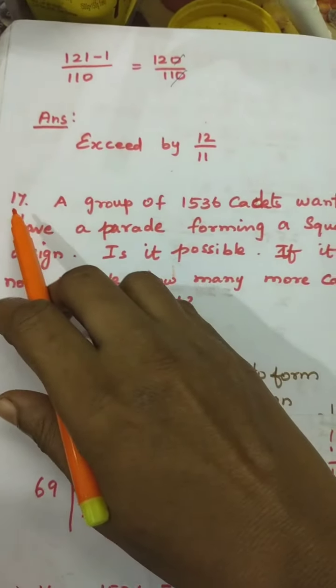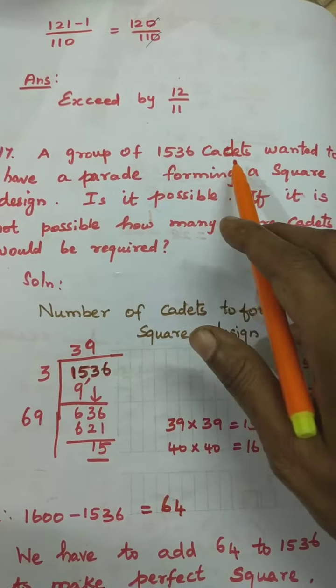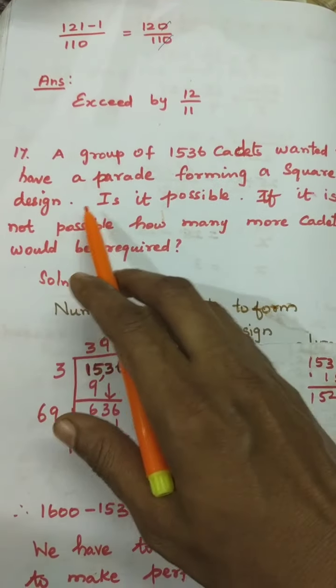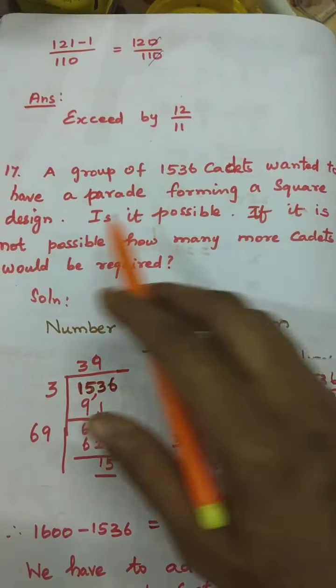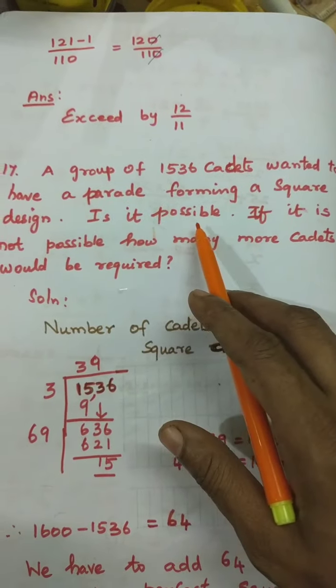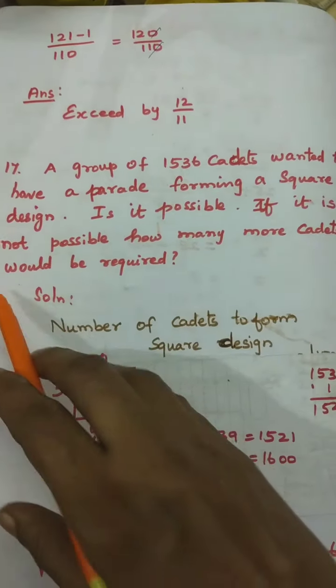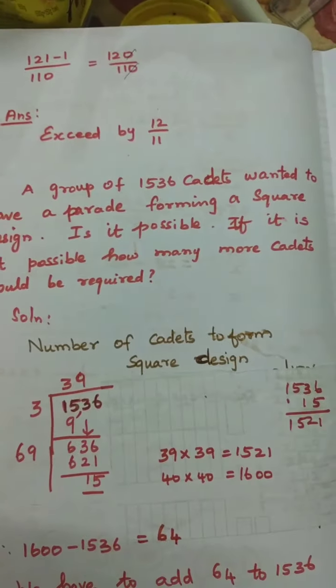Then the 17th sum. A group of 1536 cadets wanted to have a parade forming a square design. Is it possible? If it is not possible, how many more cadets would be required?